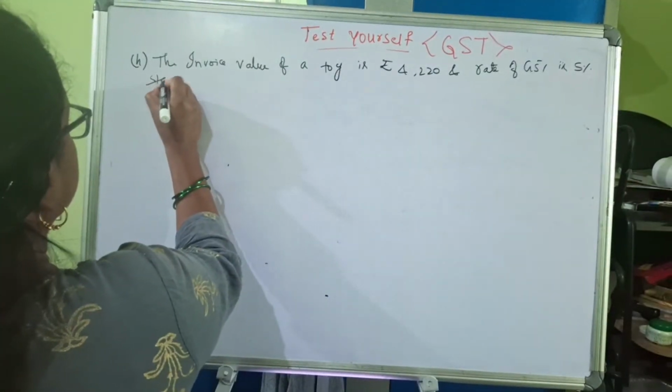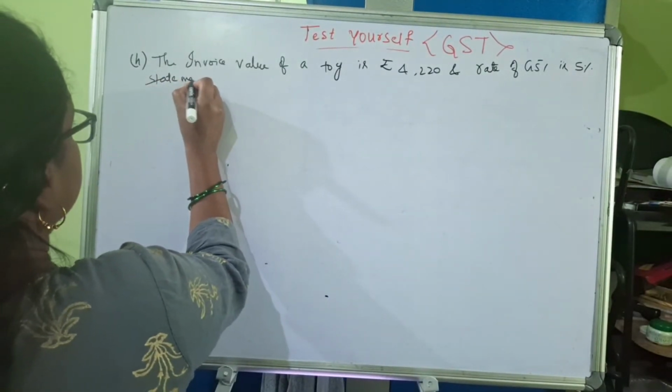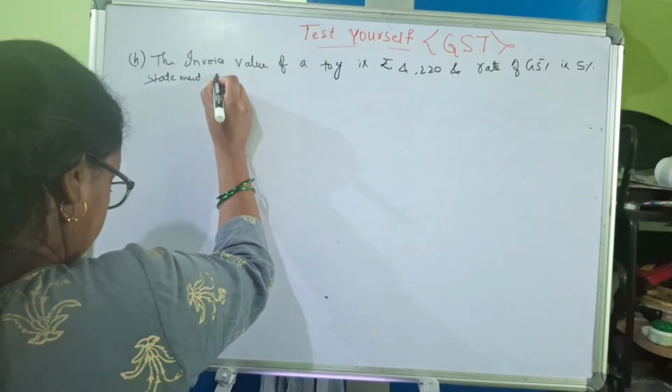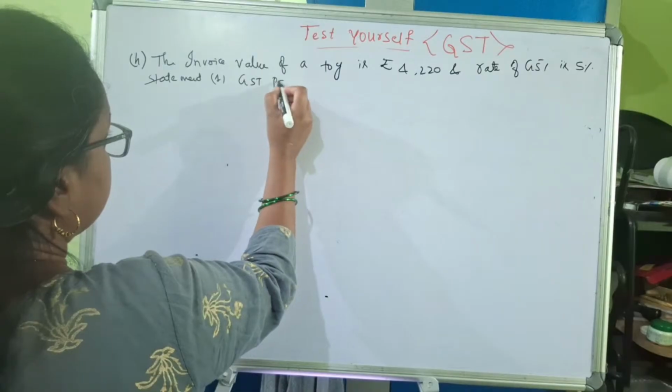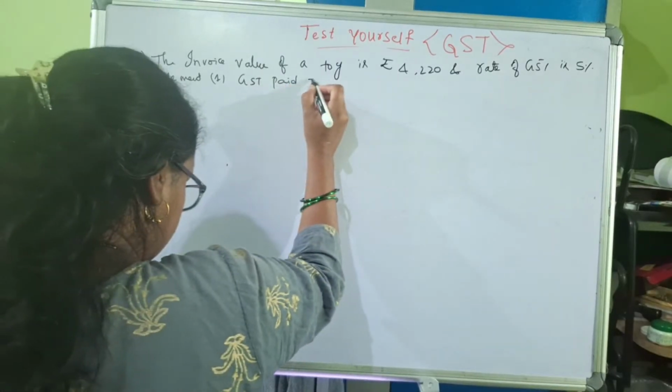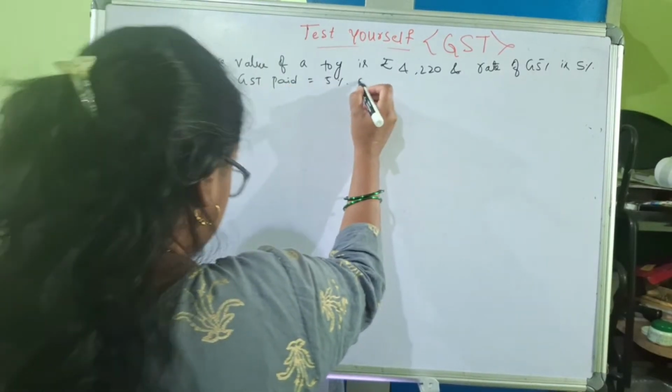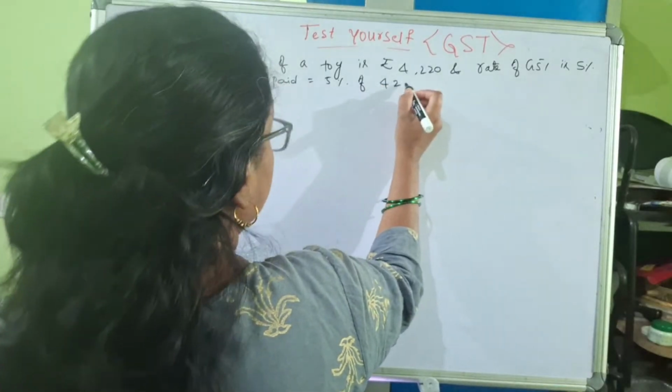Statement 1: GST paid is equal to 5% of 4,220.